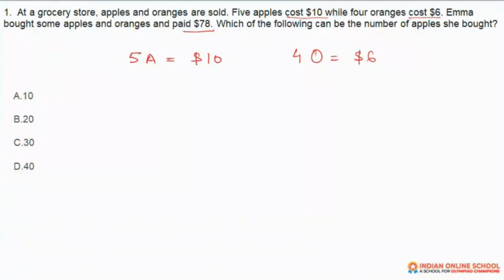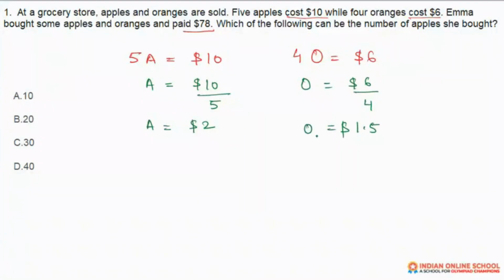If we figure out the cost per apple and per orange, one apple would be $10 divided by 5, so the cost of one apple is $2. The cost of 4 oranges is $6, so the cost of one orange is 6 by 4, which we can write as $1.5.